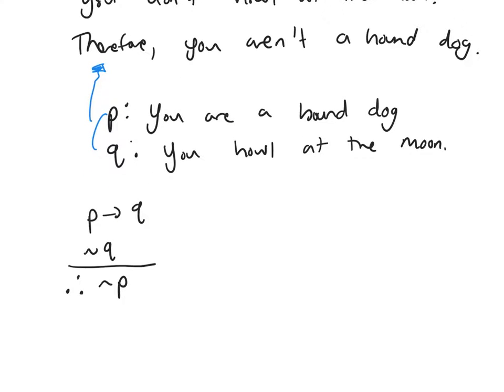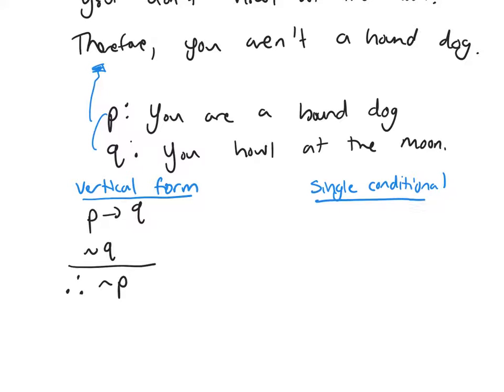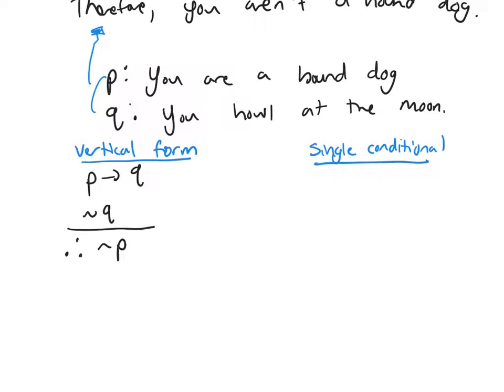So remember that when you write it like this, this is called vertical form. But you can also write this as a single conditional. So remember that this is divided up into these are your premises, and this is your conclusion.